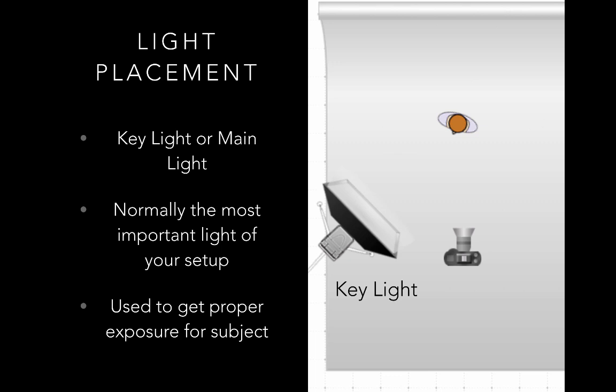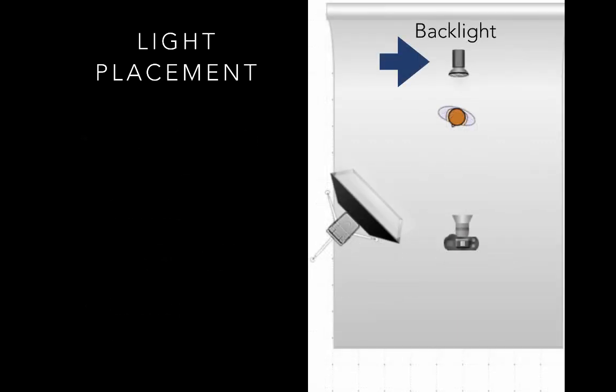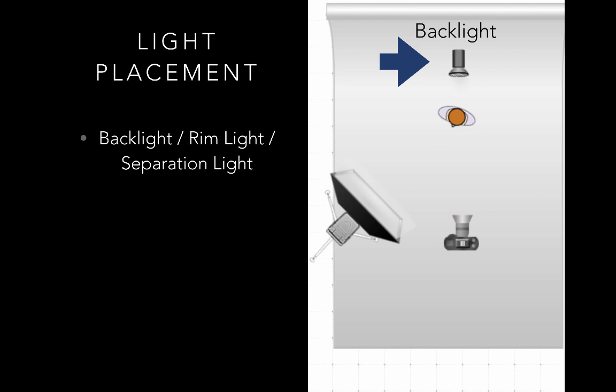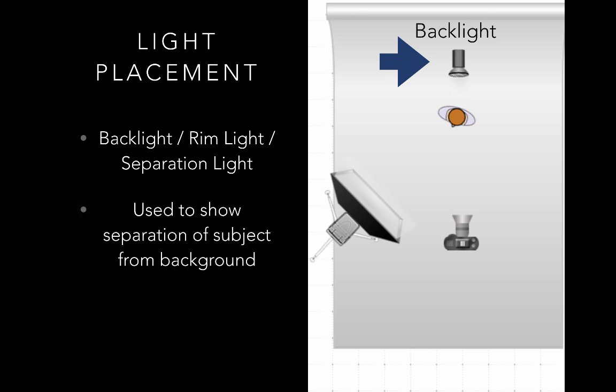Backlight. Backlight, a rim light, separation light, all these terms are used kind of, you know, you can substitute them as you like. The backlight is really used to show separation from the background. So you've got it behind the subject in this diagram, and you can see that it's coming from behind. It's going to create a rim of light around the subject to separate him from that background.